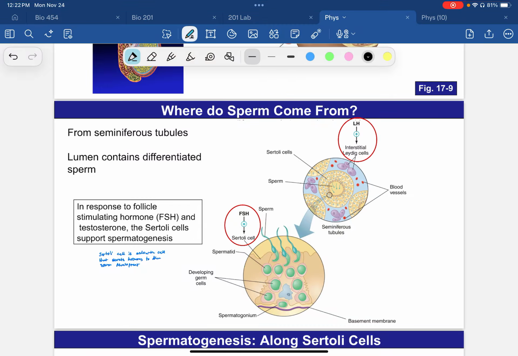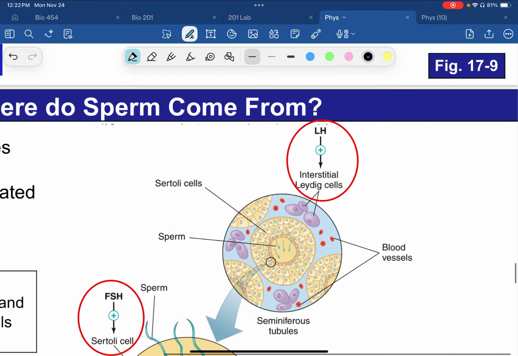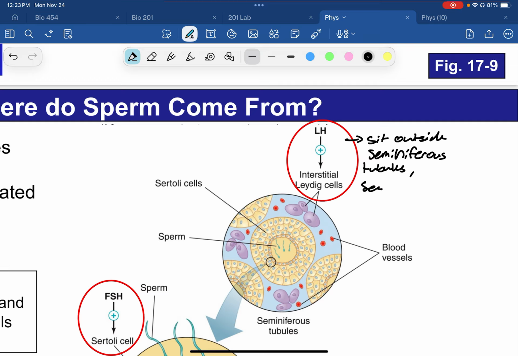Looking a little closer here, we have some specific cells that it's important to take note of. We have our LH, which is an endocrine hormone, and here it acts on the Leydig cells. These Leydig cells sit outside the seminiferous tubules, and they secrete testosterone.